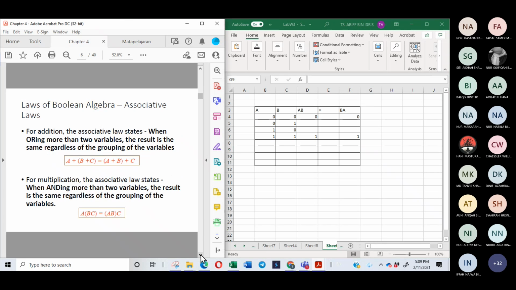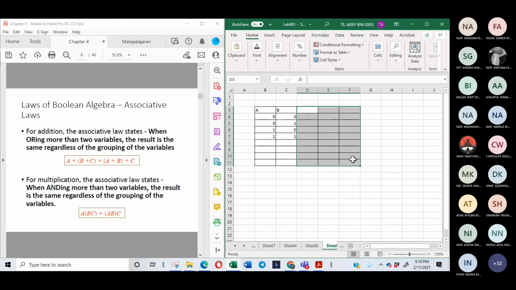This is the other example, for the associative law. Let's try to do it together. We have A, B, and C, so we insert C here. I clear this part.